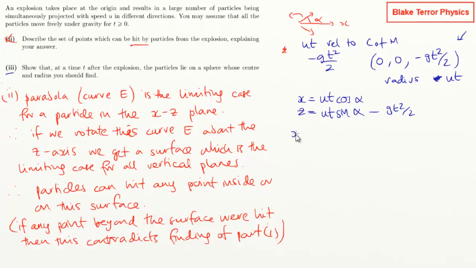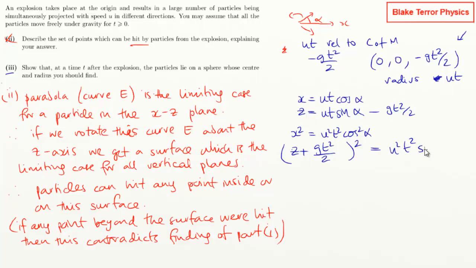So let's look at x squared and z squared, because that's what we're going to want in an equation of a circle. So x squared is u squared t squared cos squared alpha. And then for z, we want z plus gt squared over 2, squared, is u squared t squared sine squared alpha.